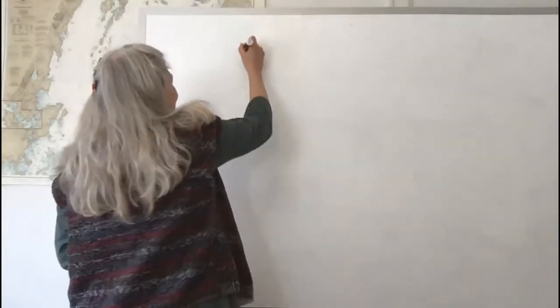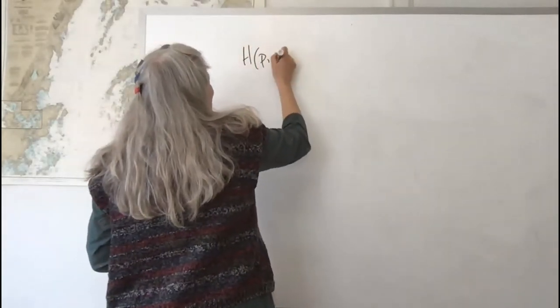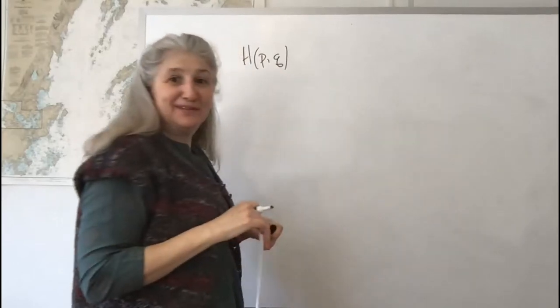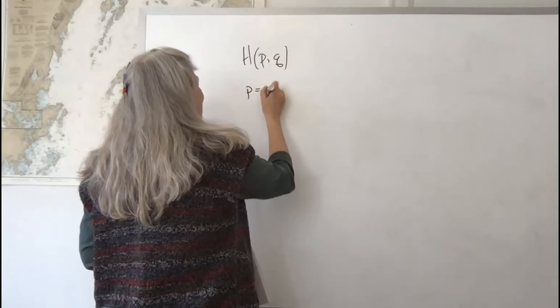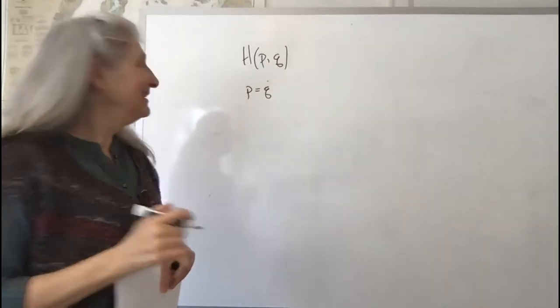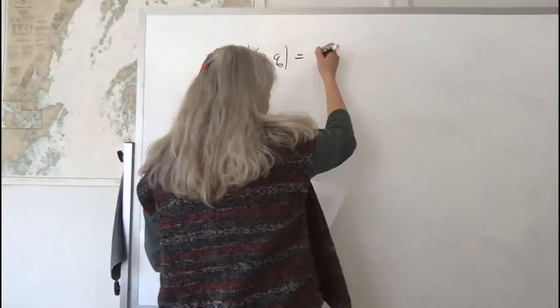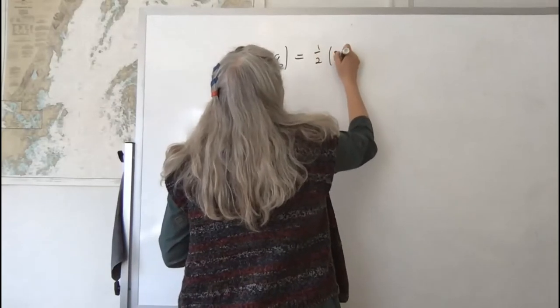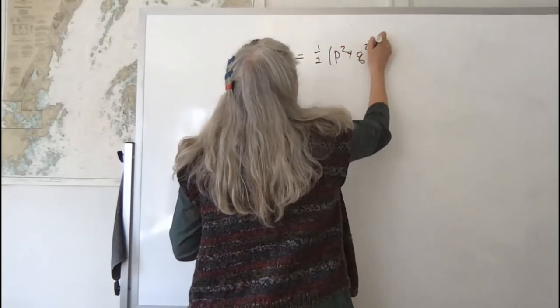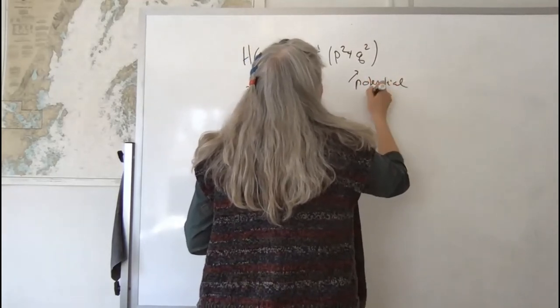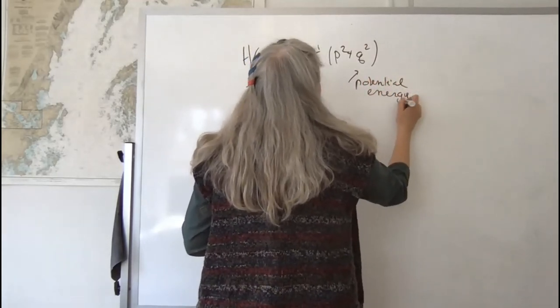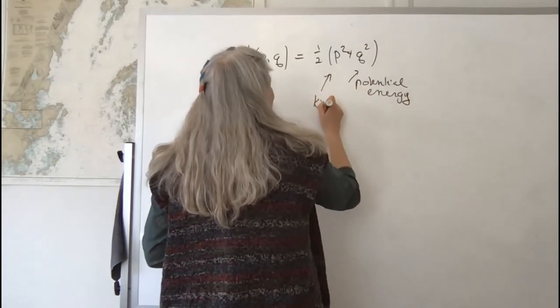I'm going to write things as P and Q. I know many of you have not had classical mechanics yet, but just think of P as the velocity here. So this is a harmonic oscillator. This is potential energy, and this is kinetic energy.